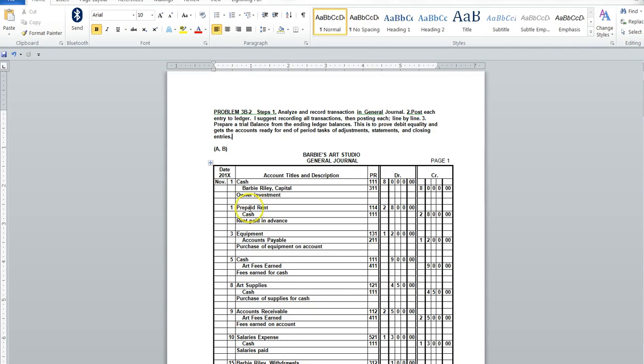What I mean by that is if you're prepaying for something that's going to be of future value, that comes back to the definition of what is an asset. It's something that we own or have a right to value going forward, so we record it as such in an asset account. You can see it's already been posted here in this completed problem.